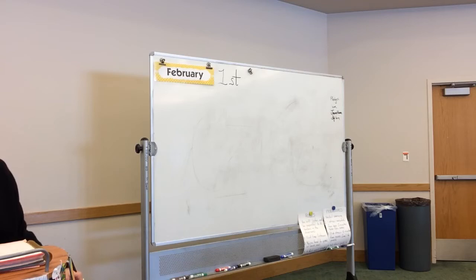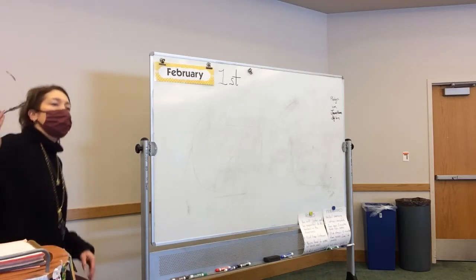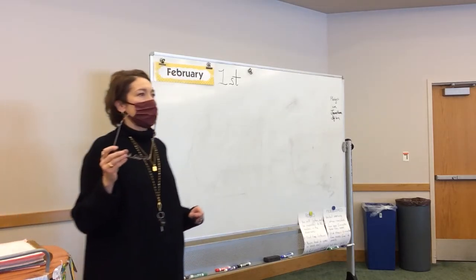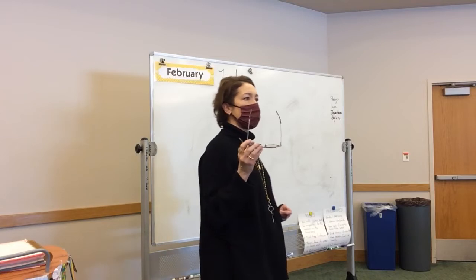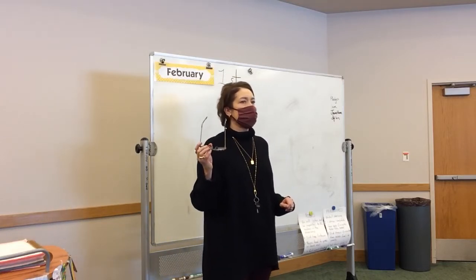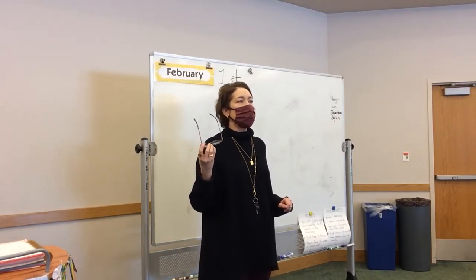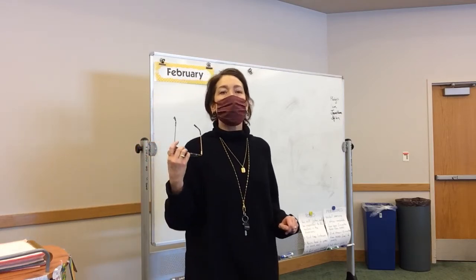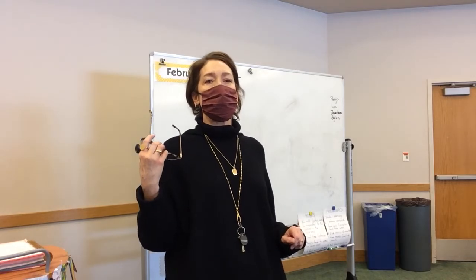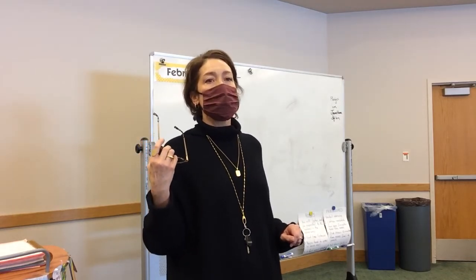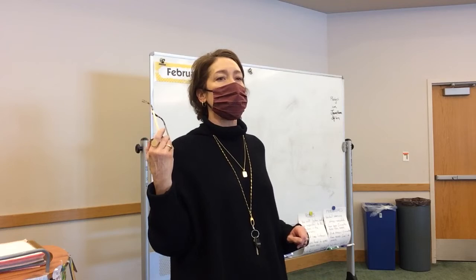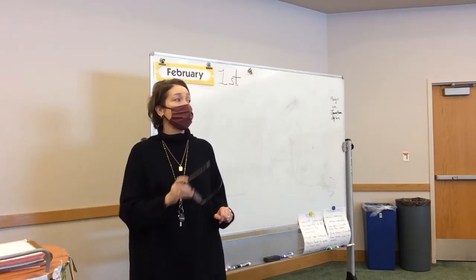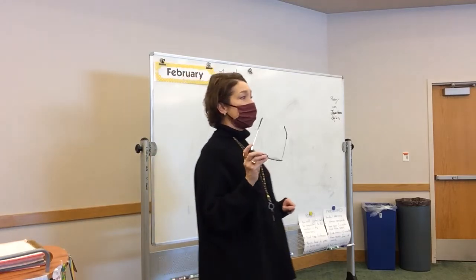What do you have to do to find the perimeter? Owen? Count it by doing what? Addition, subtraction, multiplication, division? Addition. Say it louder. Addition. You're going to add all the numbers around the perimeter to get your answer.